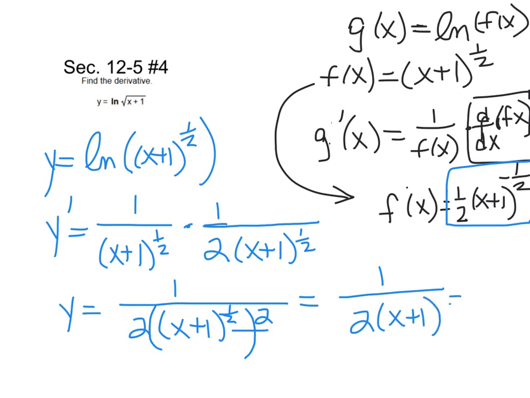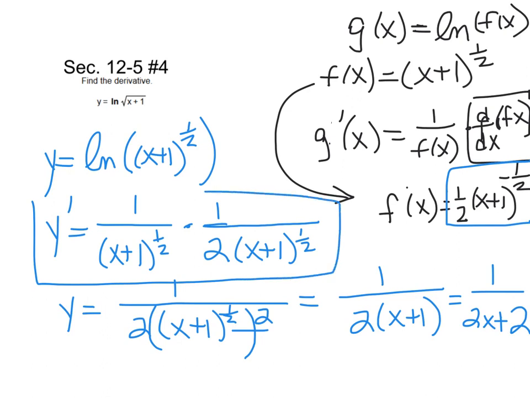And if you want to simplify that further, you can: 1 over 2x plus 2. So this version right here would have been perfectly fine, although not nearly as easy to type as this one.